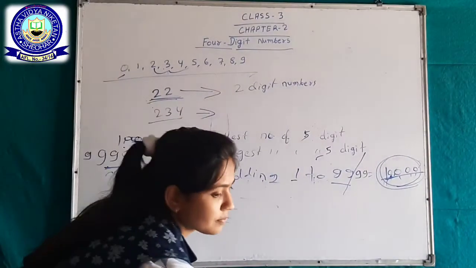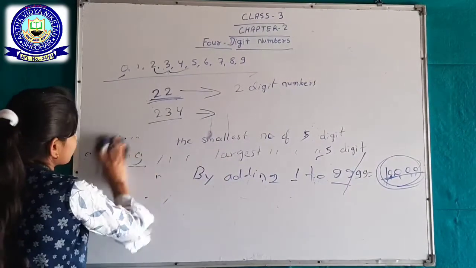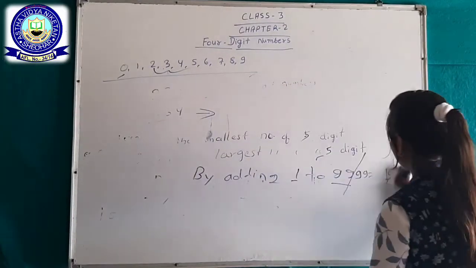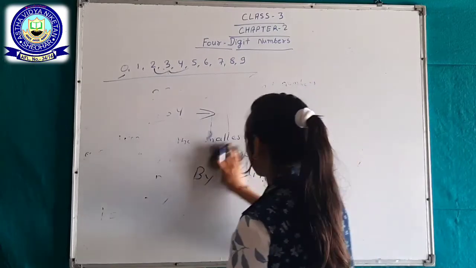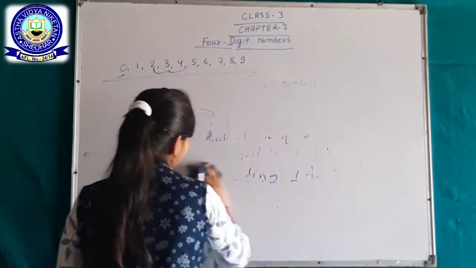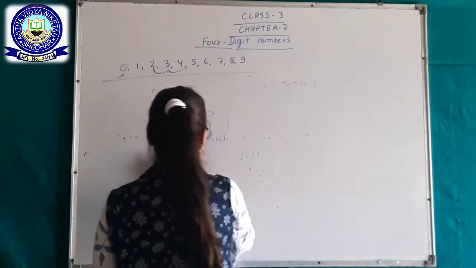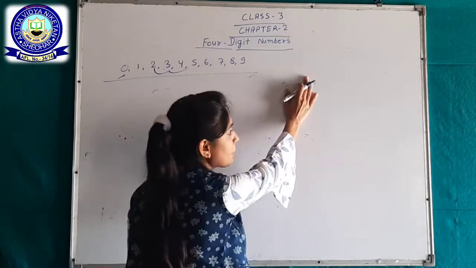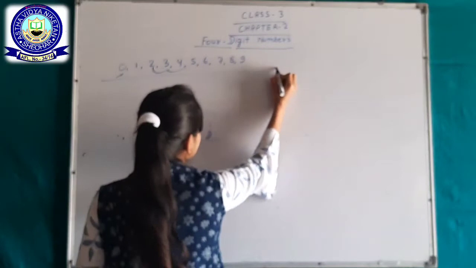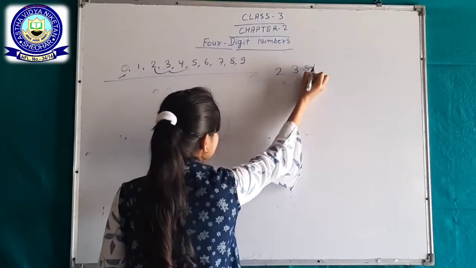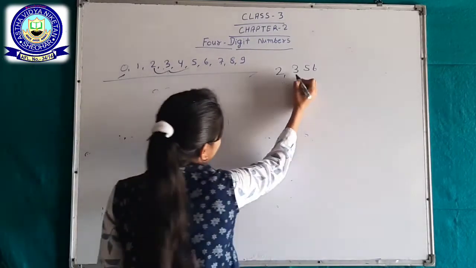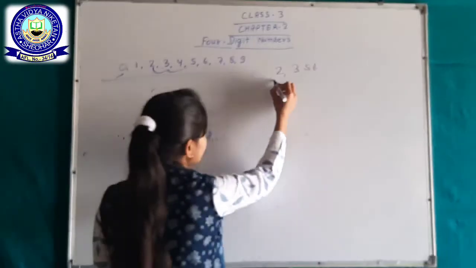And then next, when you have to write a 4-digit number in a place value chart, here is a 4-digit number: 2, 3, 5 and 6. 2356 is our 4-digit number.